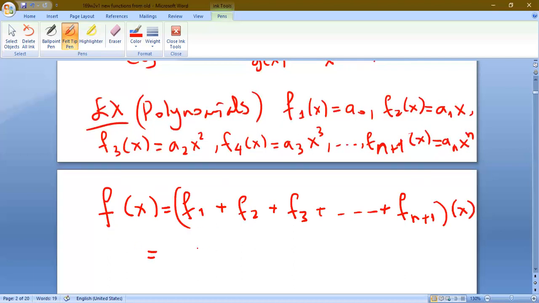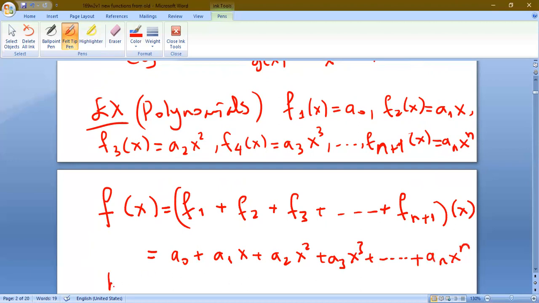So that's going to give us a0 plus a1x plus a2x squared plus a3x cubed plus all the way up to an x to the n.